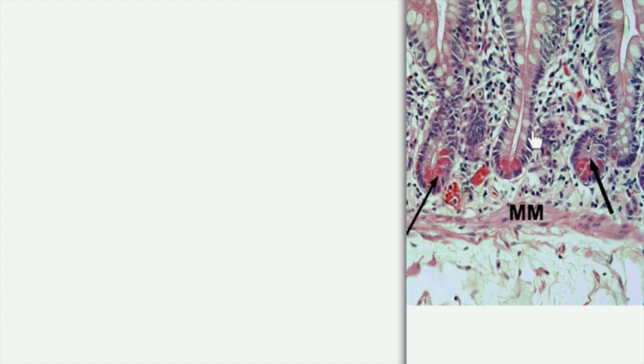In this crypt, you can notice these cells at the base of the crypt. Present only at the base of the crypt, this is of course the Paneth cell. So the site is in the base of the crypt.